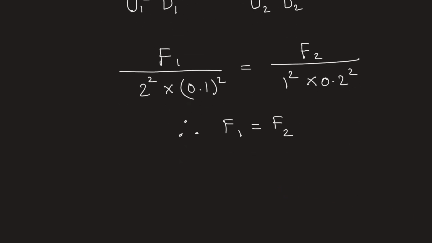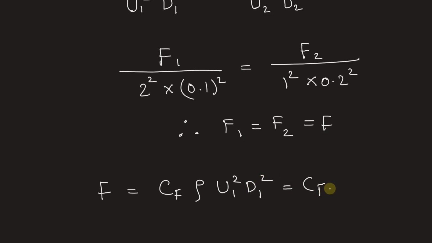Now let's calculate the drag force. Let's say F1 is equal to F2 is equal to F. So F will be equal to coefficient of drag multiplied by the density into u1 square d1 square, and that is also equal to Cf rho u2 square into d2 square. So we can take any values here.